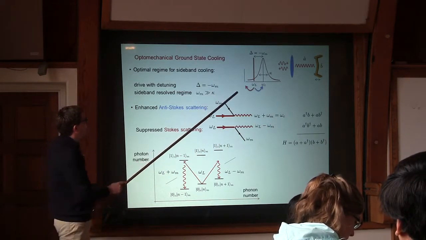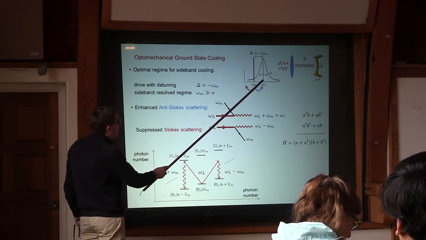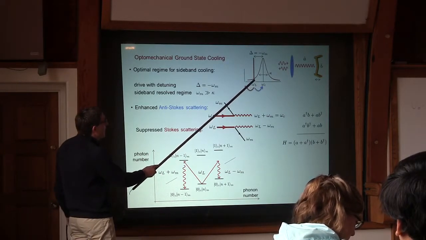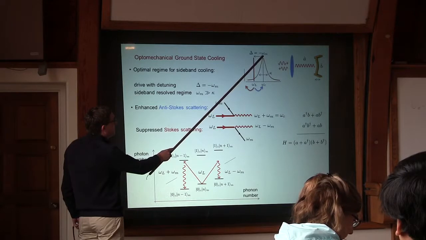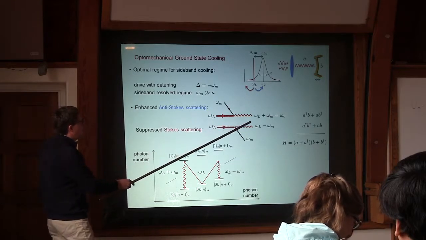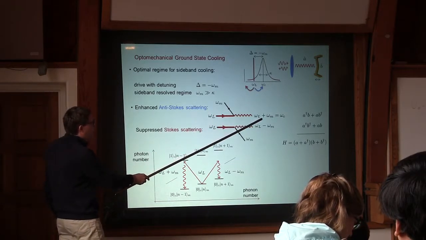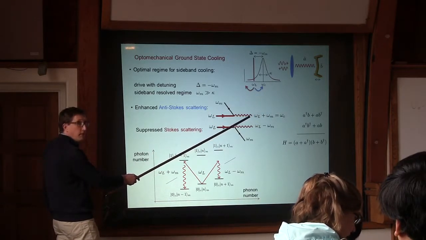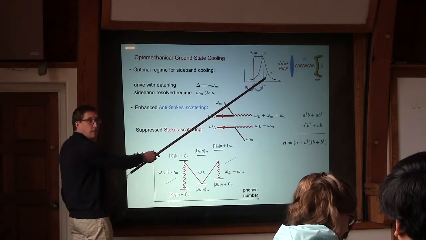And if we detune our laser from the cavity resonance by just this mechanical frequency omega m, then we actually enhance the Anti-Stokes scattering, because then this upper sideband photon which we create here by these processes will fit in the cavity.